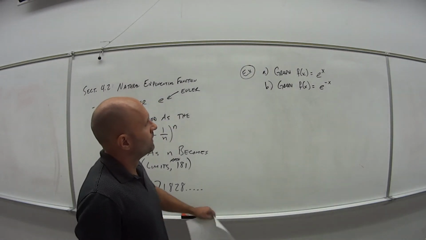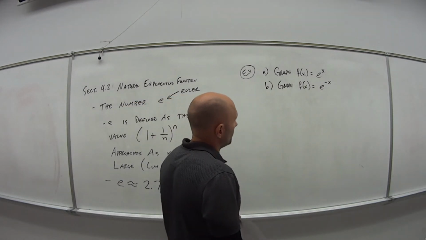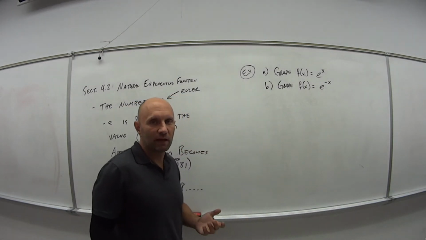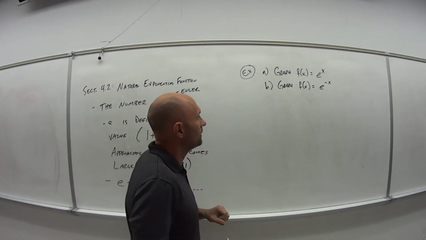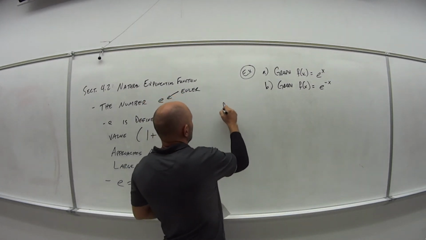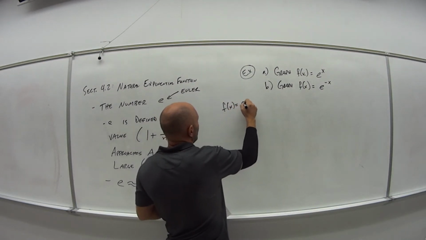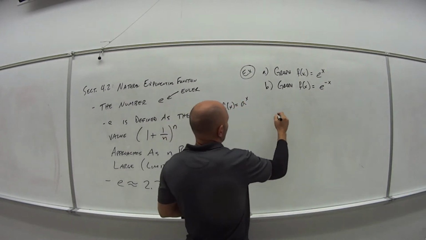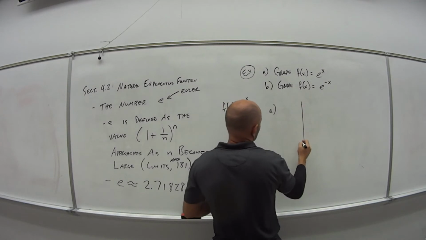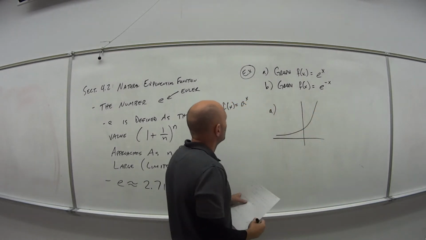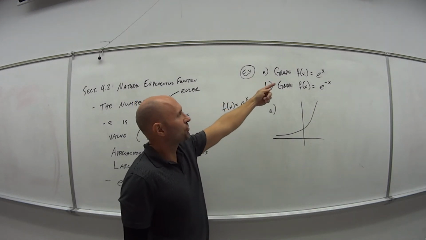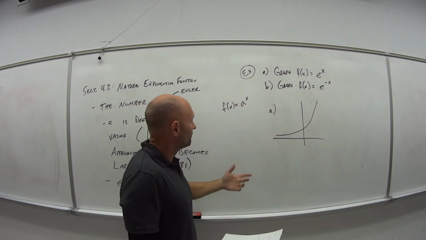So the first one, if we think back to the end of video 1, the video for section 4.1, we know that if we have f of x is equal to a to the x, this graph looks like this. It's the same essentially for this, right? Because E is a number.